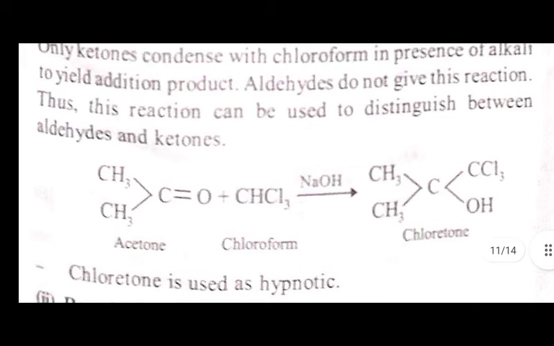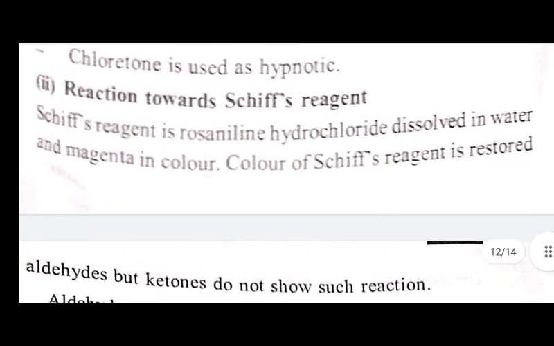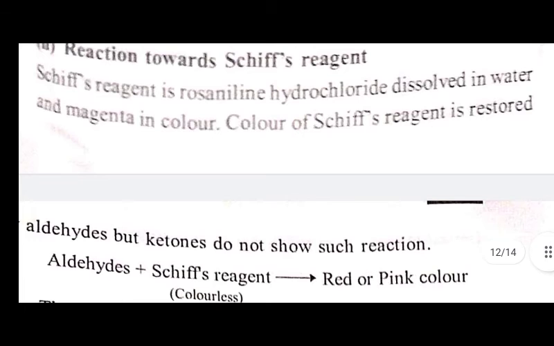Ketones react with chloroform and form a condensation product, and the product name is chloretone. And chloretone is used as a hypnotic. This is its commercial use, that's why we included it here as extra information, because some questions may include this information.